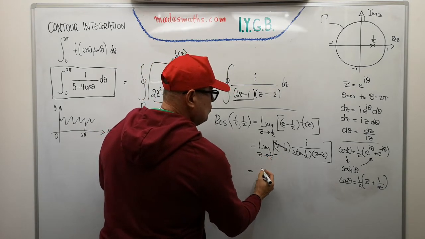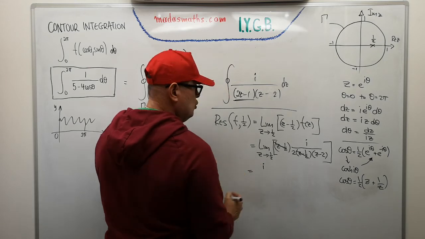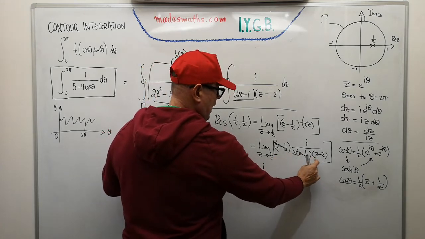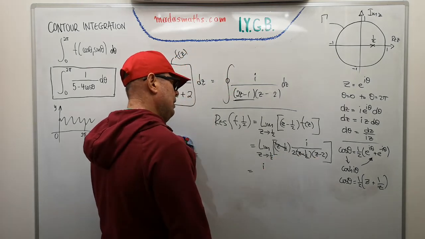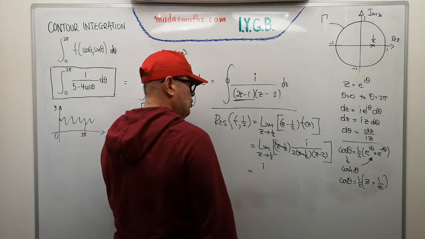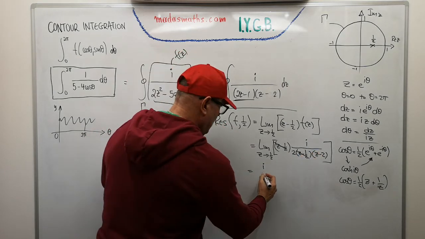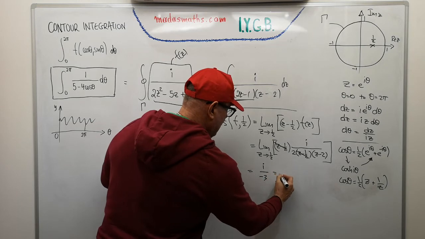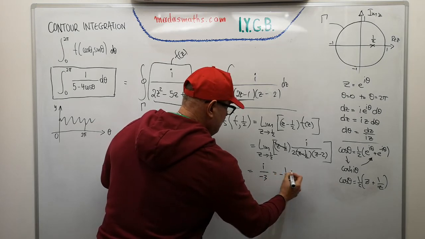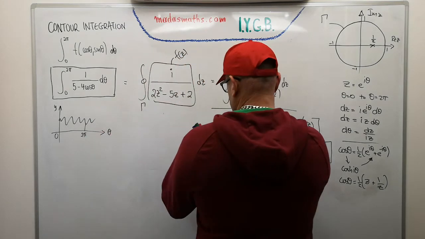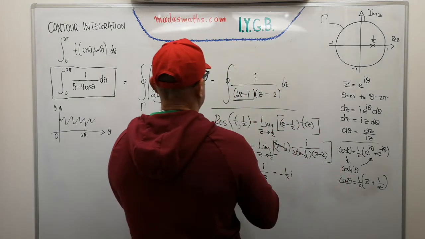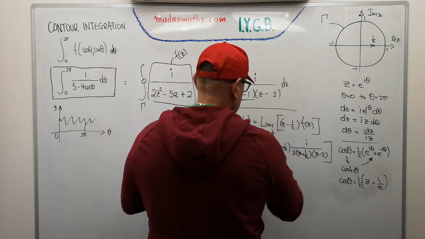As I put z equal to a half, my i will stay on the top, and I'm going to get half take away 2 is minus 3 over 2. Minus 3 over 2 times 2 is minus 3. So I'll make this minus 1/3 i. Okay, so that's the residue. I'm going to rub off these workings.